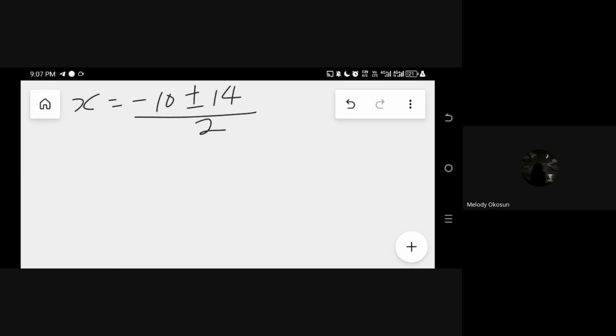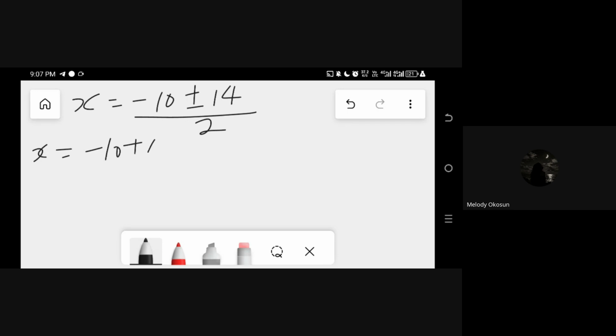When you get to this stage, you can separate them and say that S is equal to minus 10 plus 14 over 2, or S is equal to minus 10 minus 14 over 2.